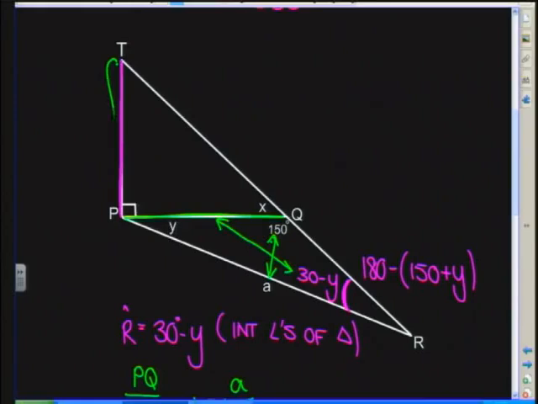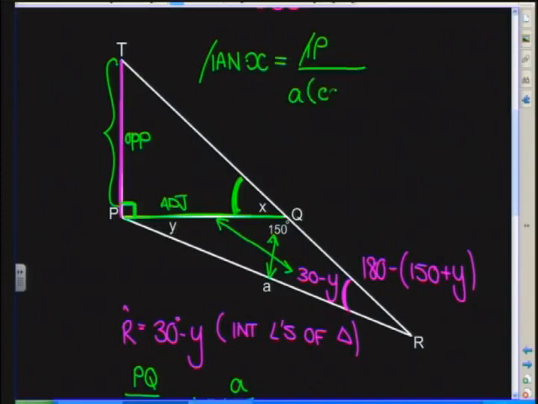What we need to work out is TP, okay? So we've got a 90-degree triangle. So let's work with our ratios of sine, cos, or tan. From your angle of x, what we're trying to find is your opposite side. And what we now know is the adjacent side. So your opposite over your adjacent is giving us our ratio of tan from angle x, which is equal to my opposite side, which is TP, over the adjacent side, which I worked out earlier, was A multiplied by cos y minus root 3 sine y.